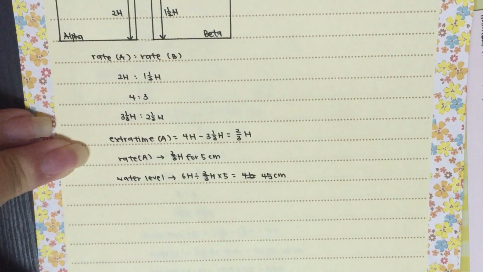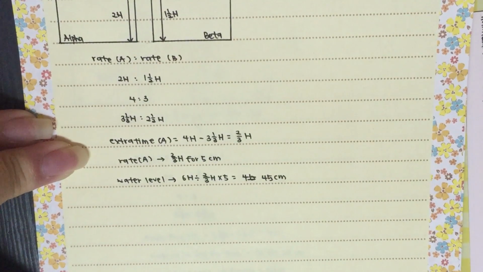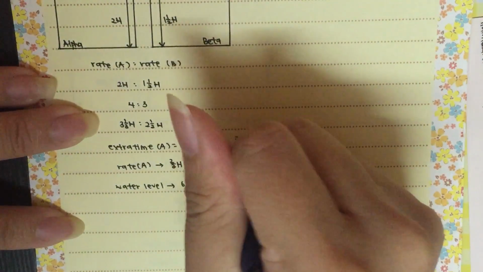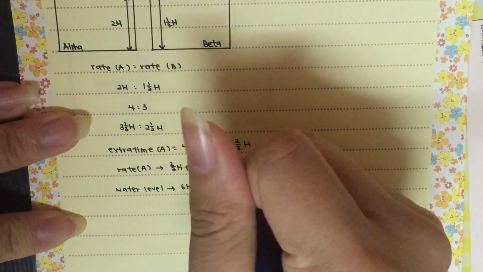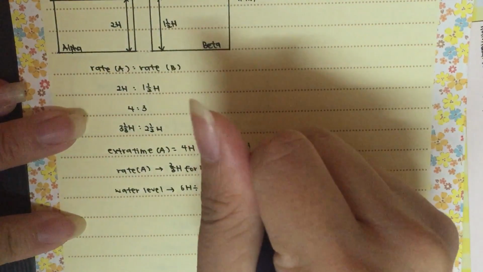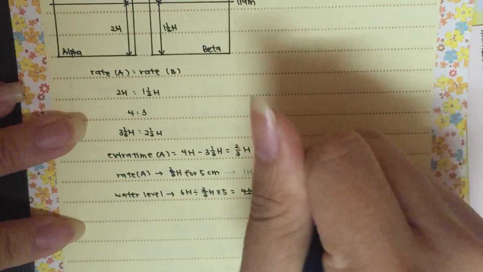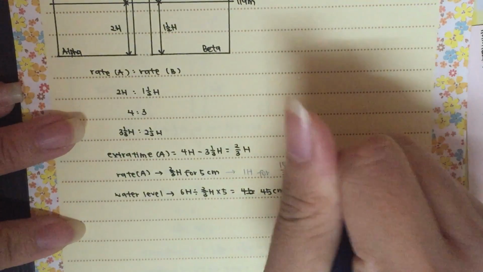Over here, we can actually change it to times 3 divided by 2. So 1 hour will be 4 times 3 divided by 2, which is 6 cm.